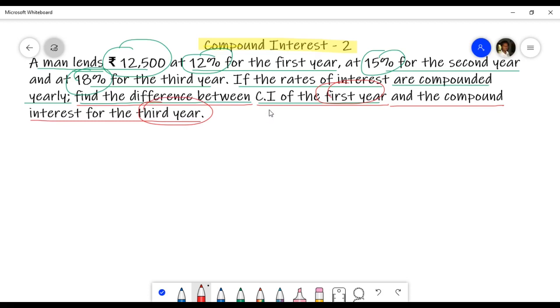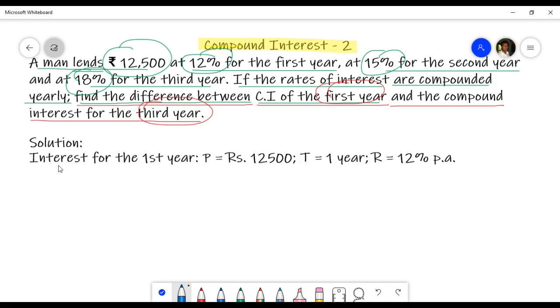Okay, let us see how we can solve this problem. First thing we'll do is find the interest for the first year, where principal is given as 12,500, time is taken as 1 year, and rate for the first year is 12% per annum.